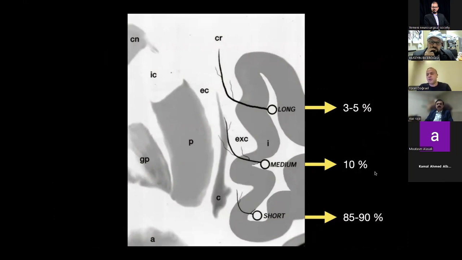About 10% of these arteries are medium length, and they go through the claustrum and external capsule. And about 3 to 5% of these arteries can go deep, and they are named long arteries and can almost go to the corona radiata.